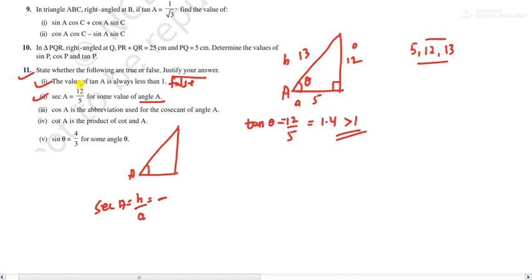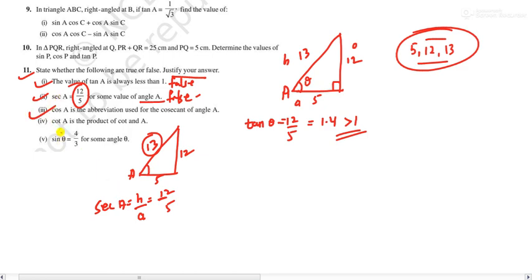If you look at this 12 and 5, it's again the same triplet. So H is always 13 here. This can be 12 and this 5, or this can be 12 or 5, but they have given H as how much? 12. So H can only be 13, not 12 or 5. So therefore it is also false.